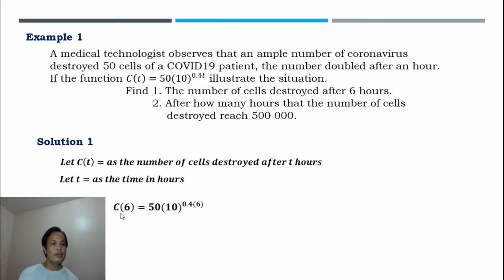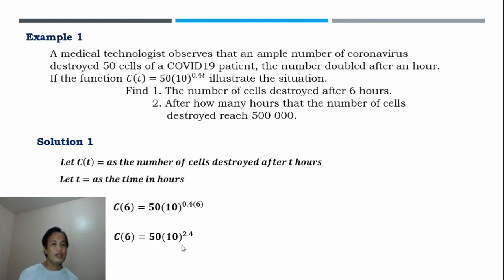So C of t now becomes C of 6, because our t is 6 hours, equal to 50 times 10 raised to 0.4 times 6. Then we simplify: multiply 0.4 times 6, which gives us 2.4.